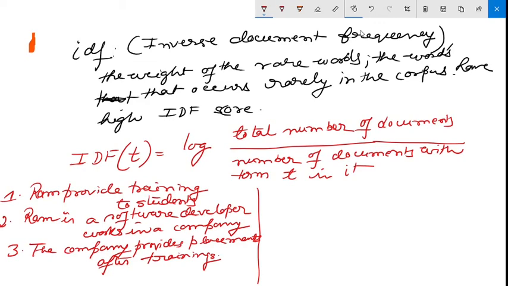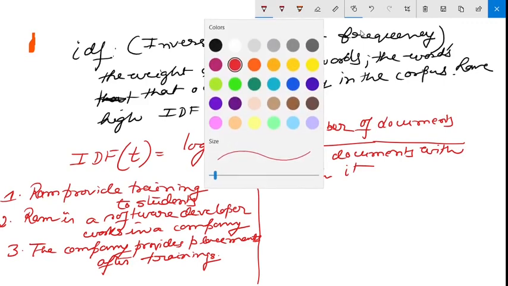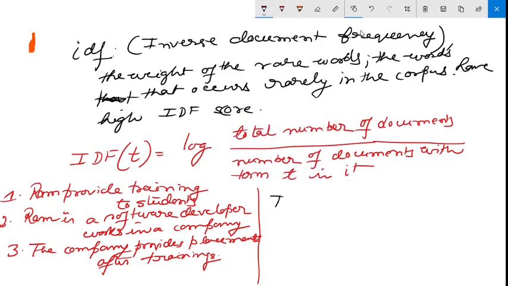So IDF will be according to the formula. Very easily we can calculate IDF. IDF of RAM, let's say. How many documents do we have, students? Document D1, document D2, document D3. So IDF of RAM will be log of the total number of documents, base 10.